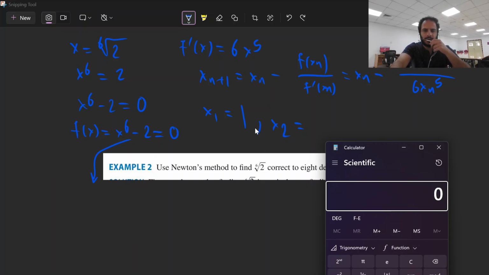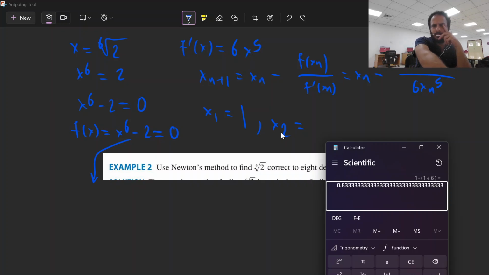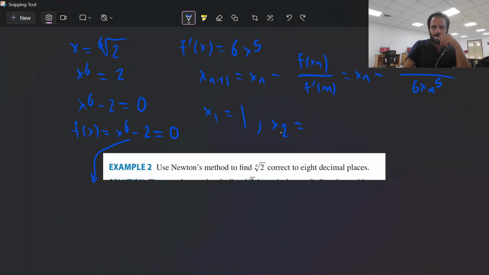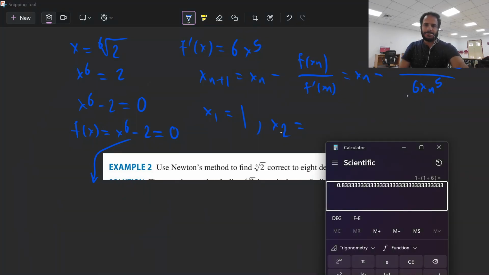So x1 equals 1. You get 1 minus, you open parentheses, 1 power 6, it's just 1, divided by 6 times 1, just 6. Here you must have x to the 6 minus 2, right? So let's do it again.